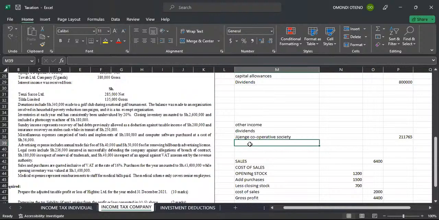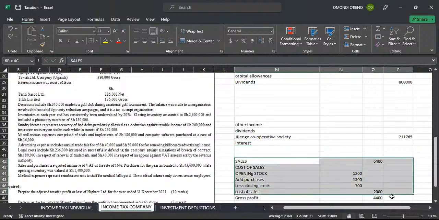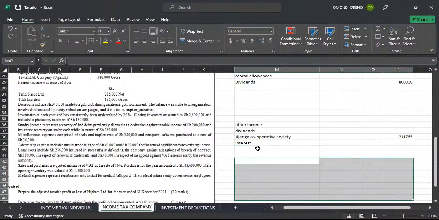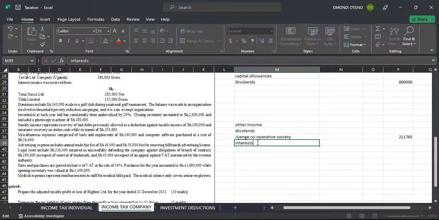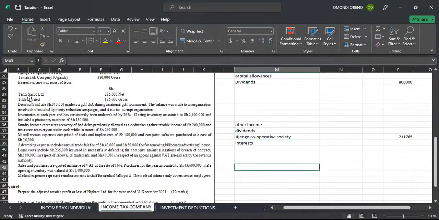Then we now move to interest. The first item for interest, we have interest from Tenzi Sacco Limited given to us at net, then Tilda Limited 135,000 given at gross.